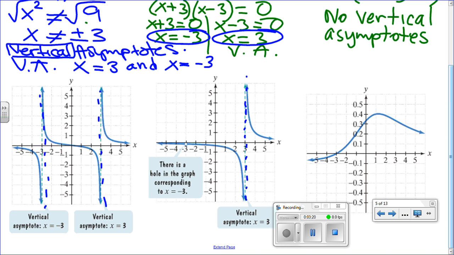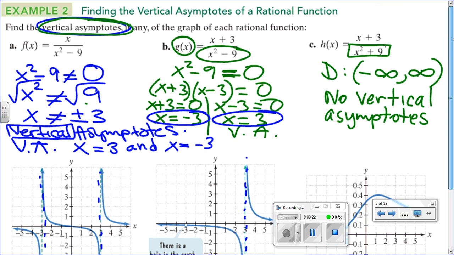So what happened there? Let's look at it again. If we were to factor the denominator, and then you look at the numerator and denominator, what will happen with x plus 3 on the top and bottom? Cancel out, or together they equal 1, right? They equal 1, so we can cancel.